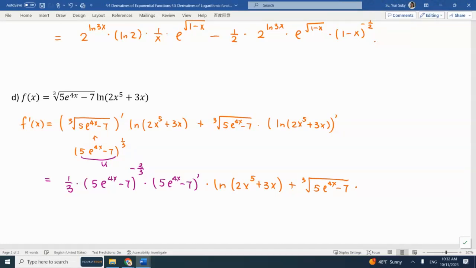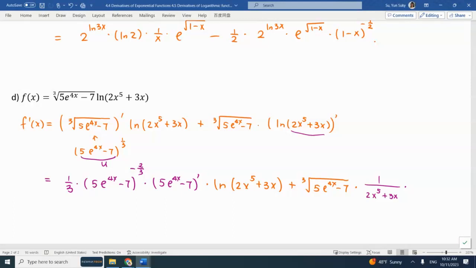All right. Next, Layla. What's the derivative of this? The things inside, right? 2x to the fifth plus 3x.